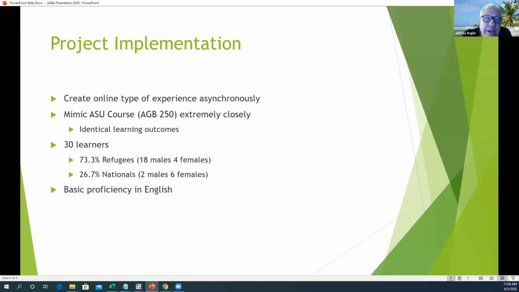A lot of students had cell phones, which had some coverage, but basically they had to come in to the schoolroom, which you saw, and do the class there. We did everything with Riot, asynchronous, that's it. But I mimicked my AGB 250 class virtually identically.